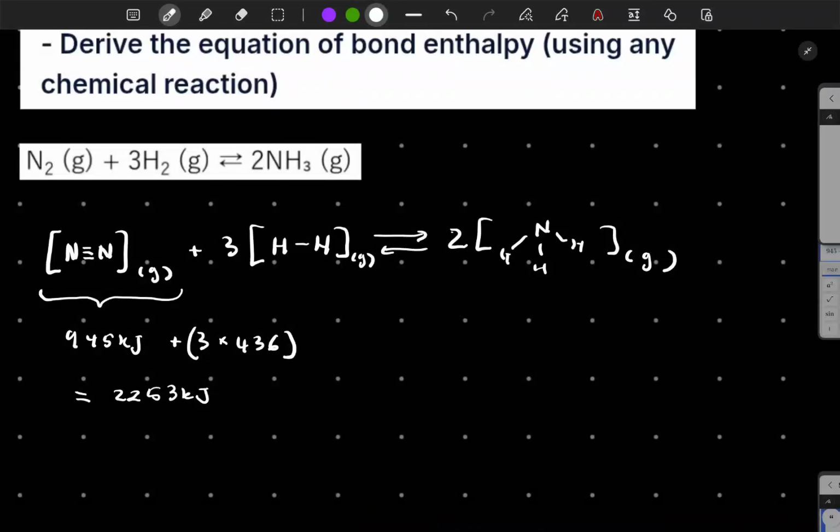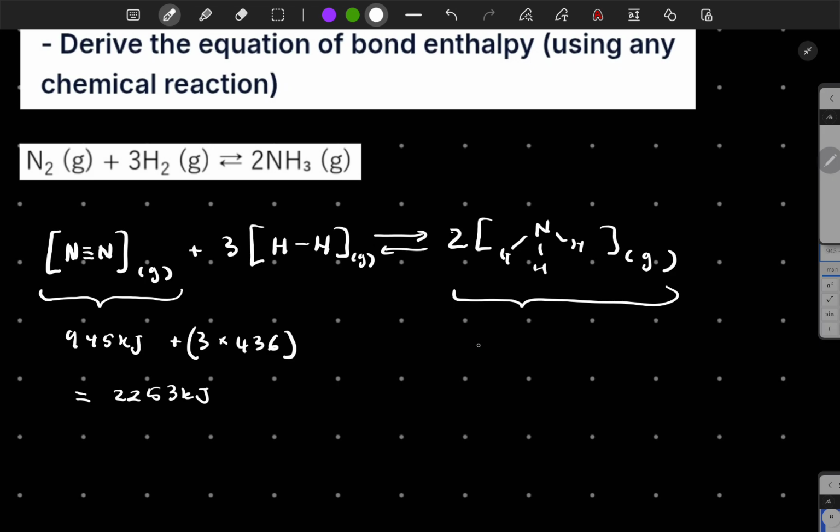And now, let's look at this. When you make a bond, it releases energy. It is exothermic. That means that the change in enthalpy is below 0. So for this, since we're putting all these broken atoms together, it is negative.